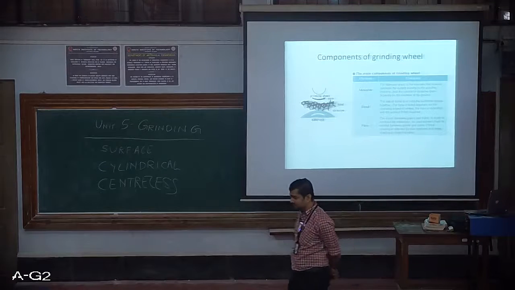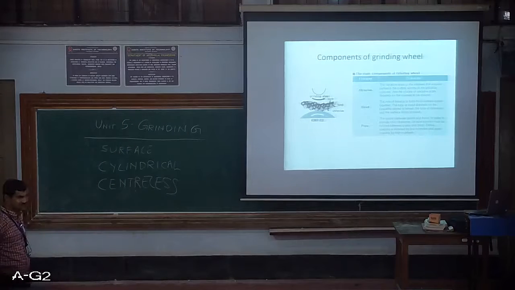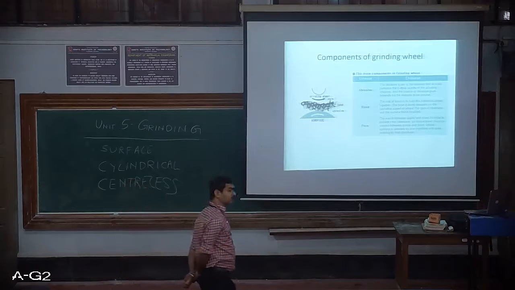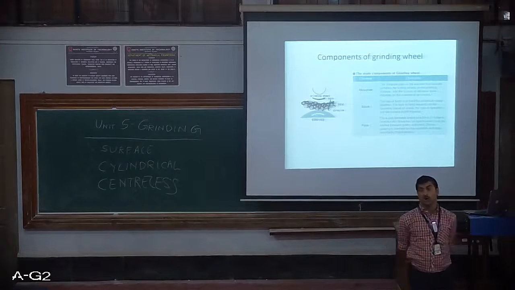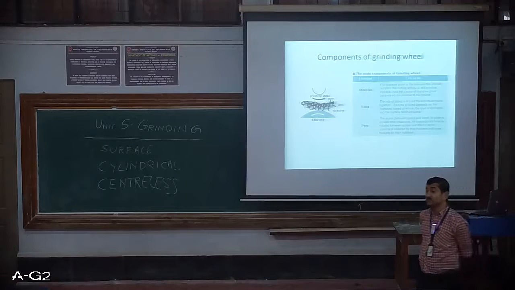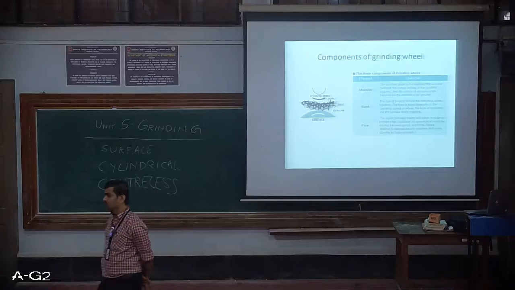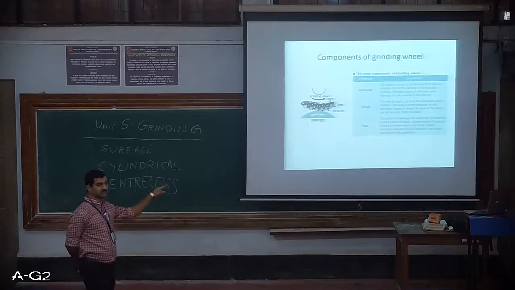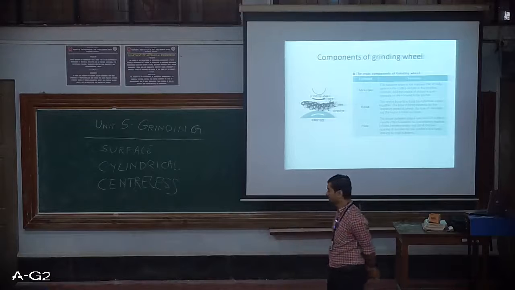For example, if you take a soft metal whose hardness is less, then you have to select the abrasive suitable for that material. If the material is too hard, like steel, then you have to select an abrasive which can withstand the stresses, or the resistance to abrade that steel material. So based on the application you have to change your abrasive substance. Selection of abrasive is very important.